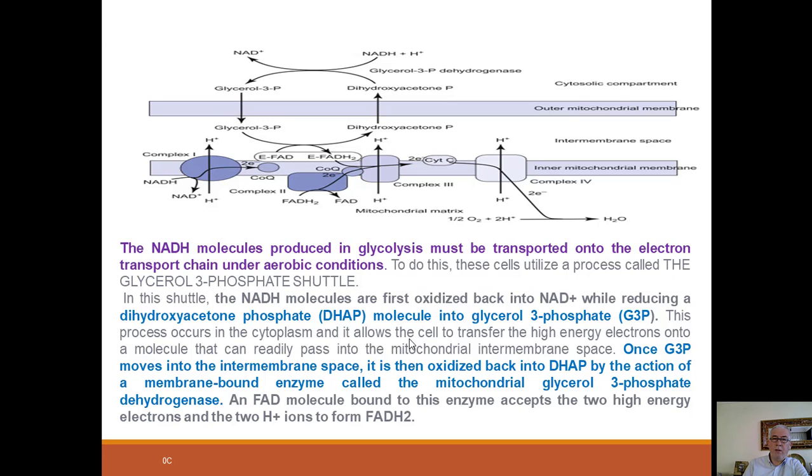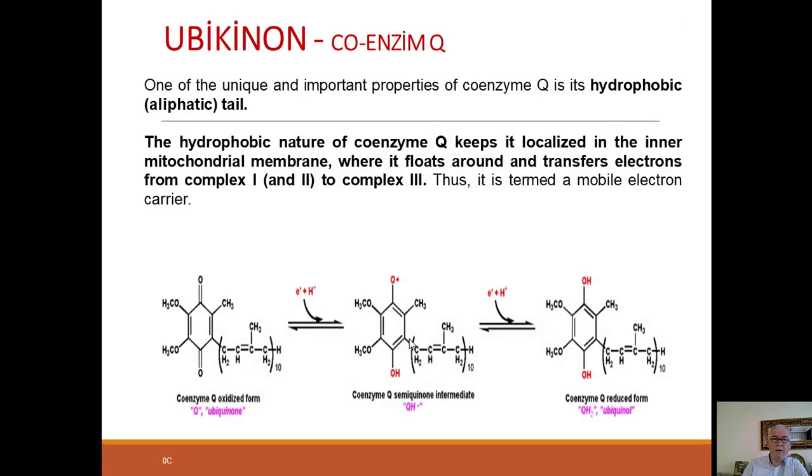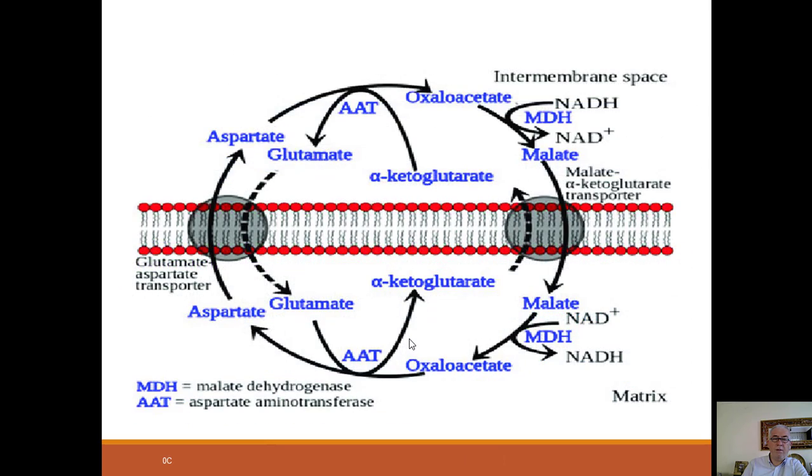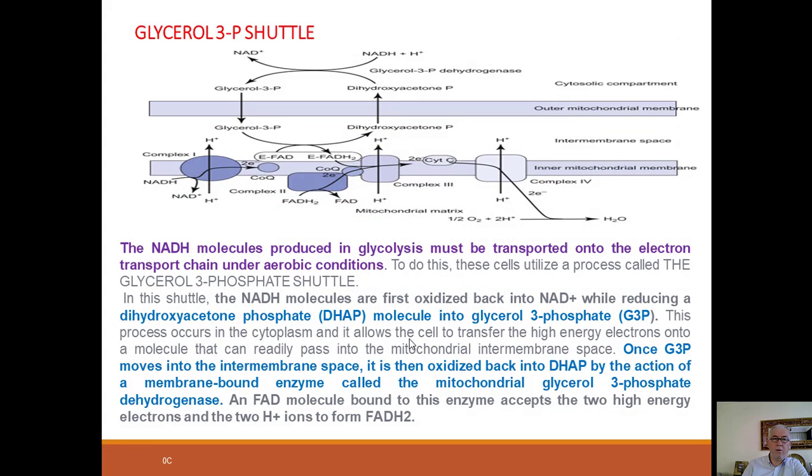And we have two shunt systems for transfer of electrons of NADH. First is called the glycerol phosphate shuttle.